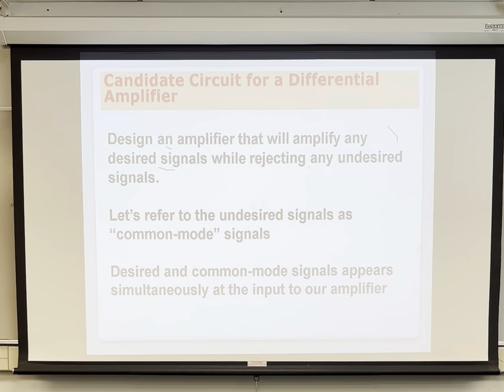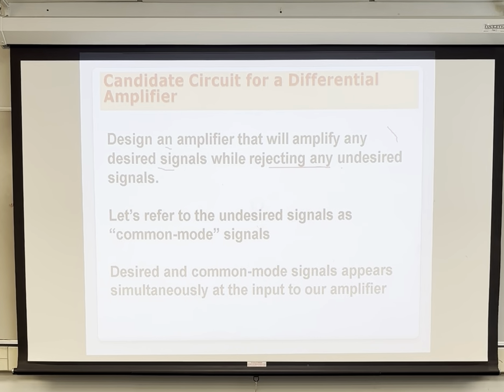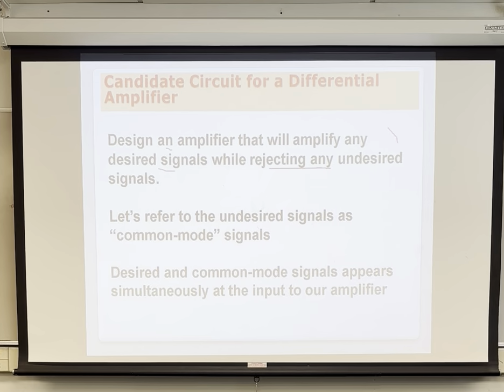Well, this word "any": the low-pass filter will only reject the frequency that you designed it to reject. This particular amplifier will reject any undesired signal. So it's like having a million low-pass filters for any frequency that tries to pass through it. And that's very unusual for a circuit to have that capability.